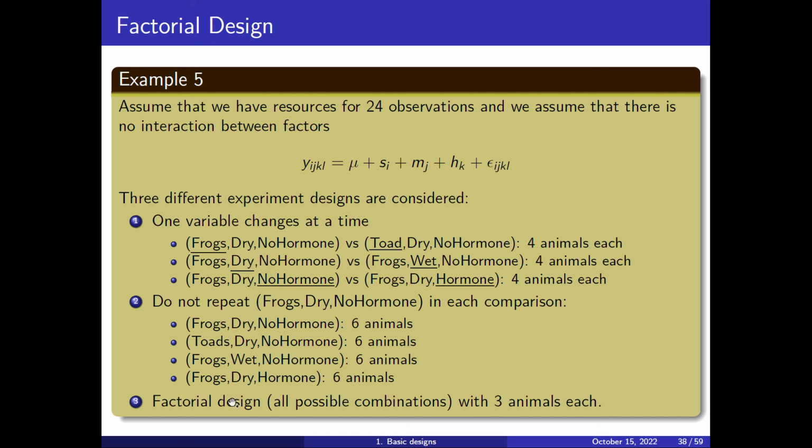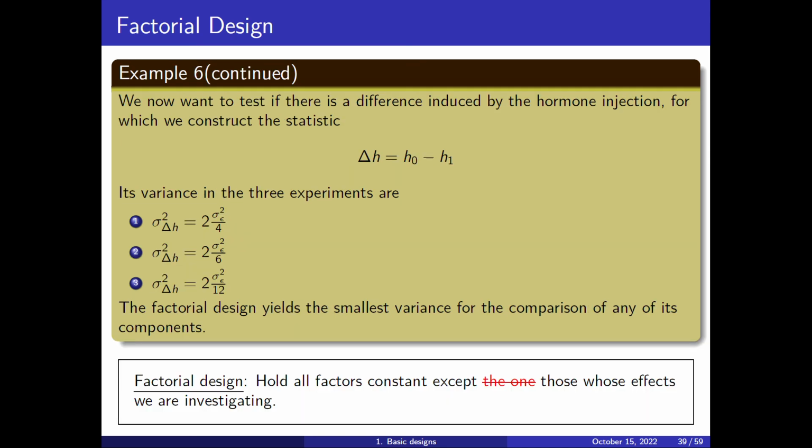You have made all possible combinations, and you had 12 animals in each of hormone and no hormone, and each one of these 12 animals were in very different conditions. So you had frogs, you had toads, you had dry animals, you had wet animals. So not only is the comparison much more accurate, but it is also much more generalizable in the sense that you have observed that effect in many different experimental conditions.